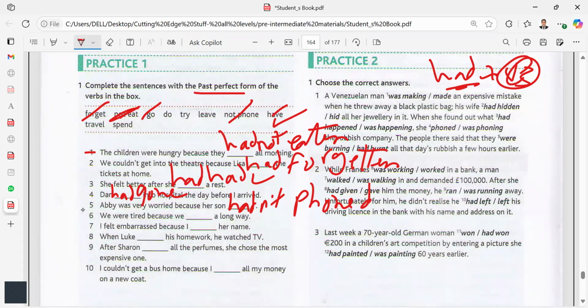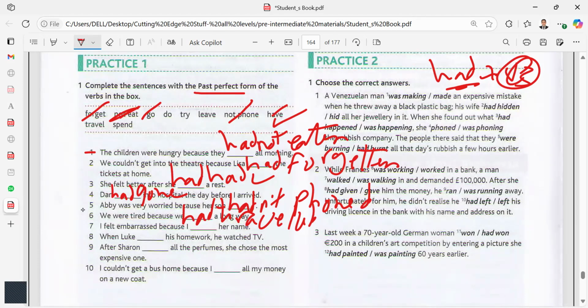We were tired because we had traveled a long way. سافرنا كتير. طيب next.